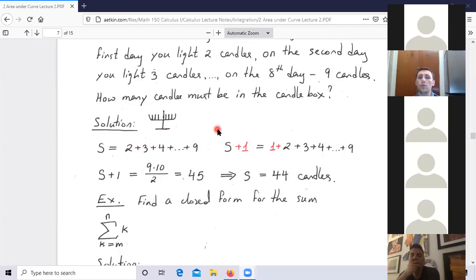Now, here is another challenge, guys. Can you find a closed form? In other words, find the formula for summing, like we started with 2 and ended up at 9. What will happen if I start at the number m and end at n? What's the summation in that case?